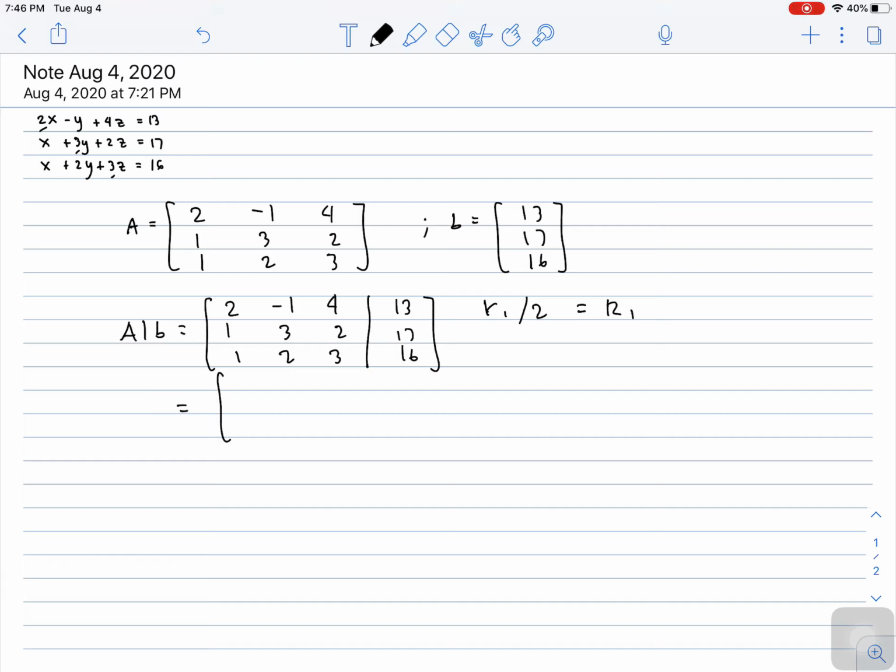So 2 divided by 2 is just 1. Negative 1 divided by 2 is negative 1/2. 4 divided by 2 is 2. 13 divided by 2 is just 13/2. Don't use decimals, just fractions, to reduce errors. Then copy the unchanged rows.